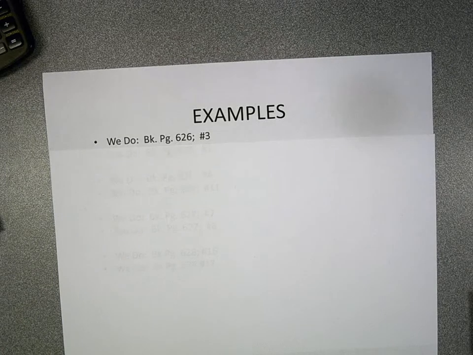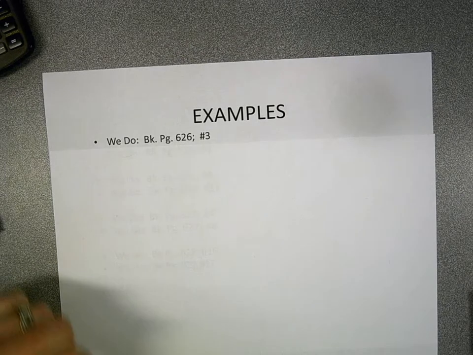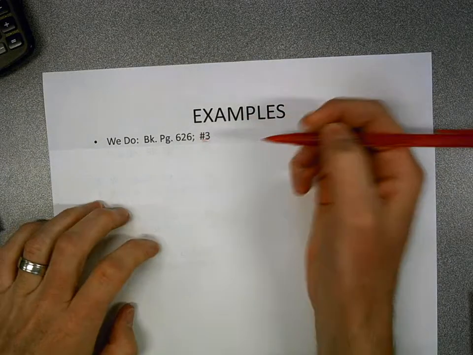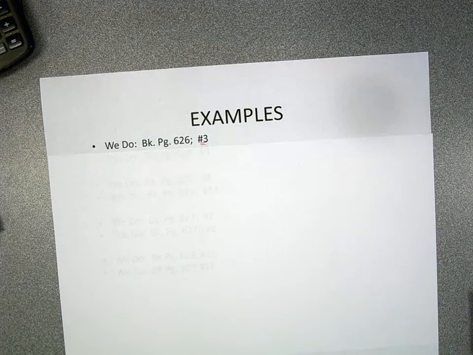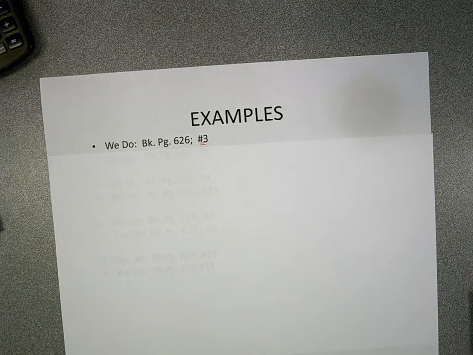Okay, on page 626, let's take a look at problem number 3. The directions are very important, kind of like they were yesterday. The directions say, find the area of each circle, round to the nearest tenth, use 3.14 or 22/7 for pi.